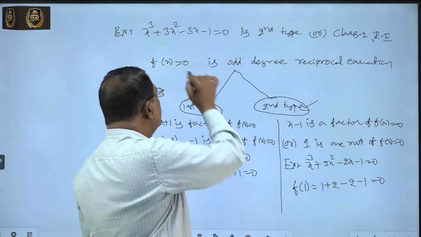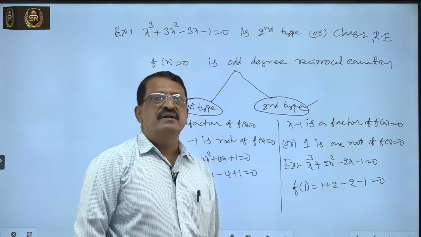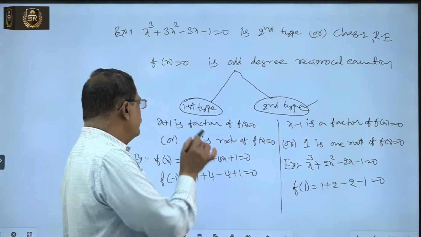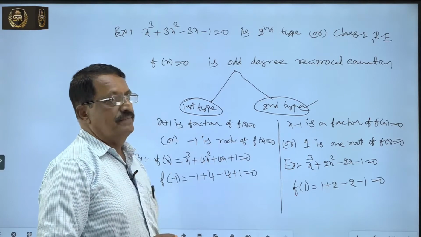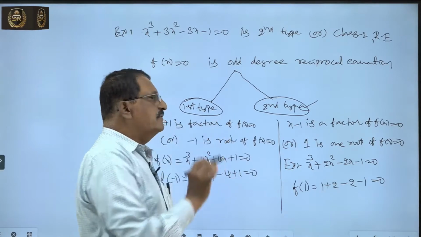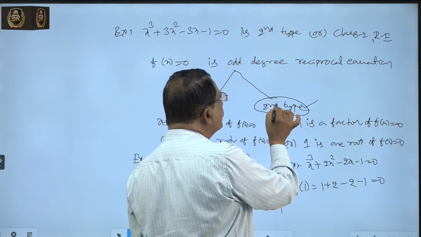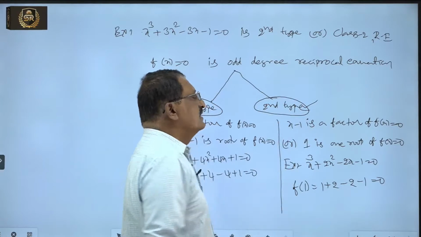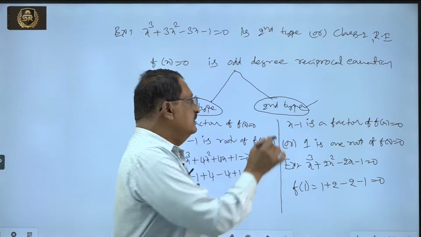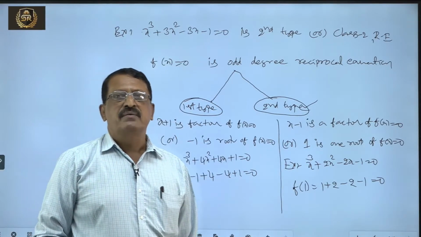Means if f of x equals 0 is an odd degree reciprocal equation of first type or class 1, always minus 1 is one root of the equation, or x plus 1 is a factor of f of x equals 0. Similarly, if f of x is an odd degree second type reciprocal equation, then x minus 1 is a factor of f of x, and 1 is always one root of the odd degree second type reciprocal equation.